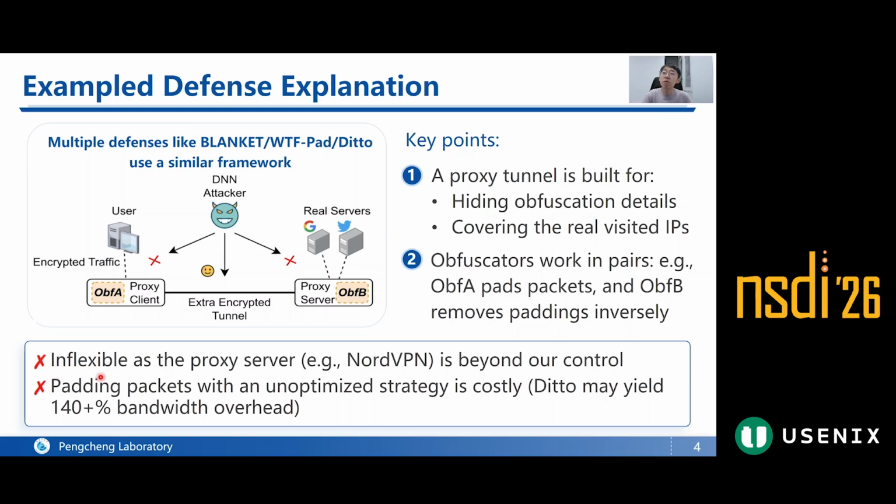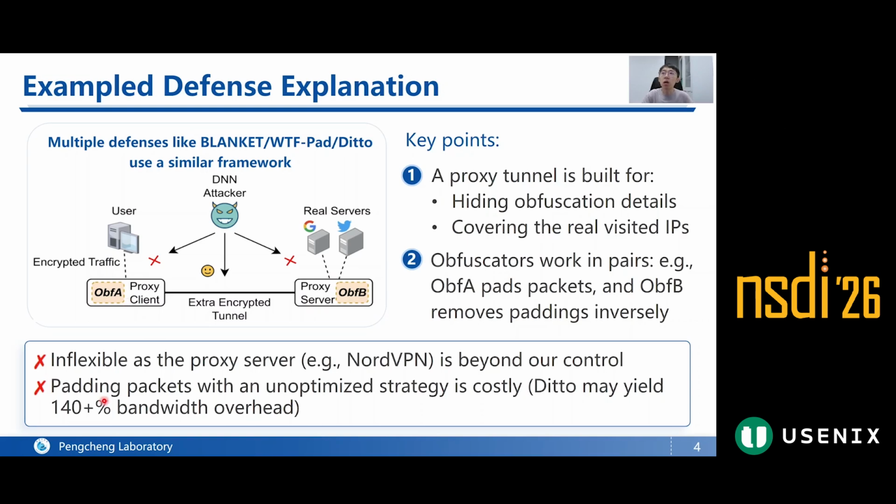First, it is inflexible because the proxy servers are usually maintained by commercial third-party organizations, for example, the NordVPN company. It is very difficult for these third-party organizations to cooperate with us and install OBF-B in their network to help us with obfuscation.